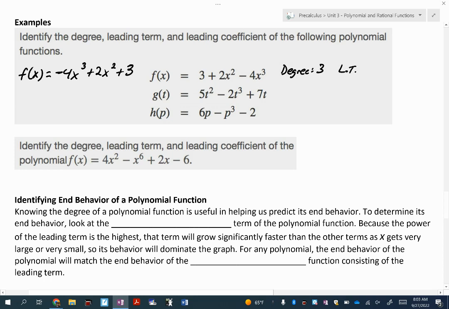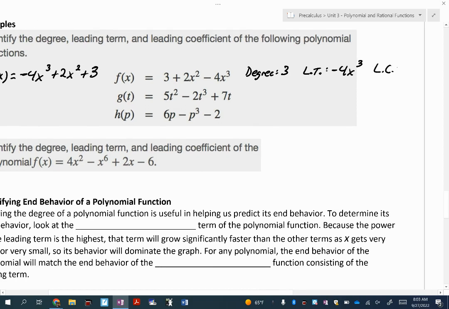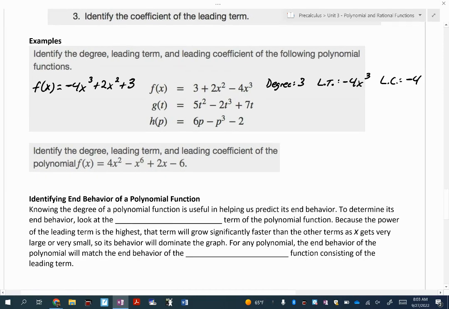The leading term, LT, is negative 4x cubed, and the leading coefficient, or LC, is negative 4. Again, this process, you practiced before and you're going to practice again to make sure you know how to find the end behavior.